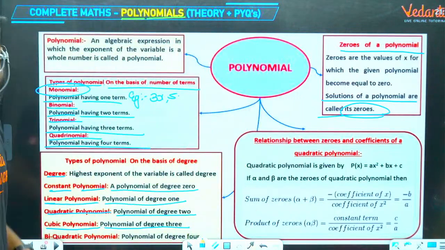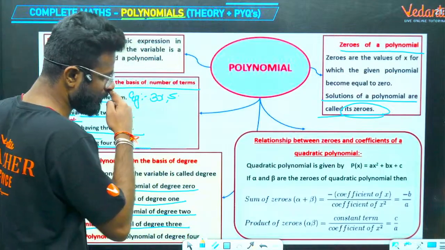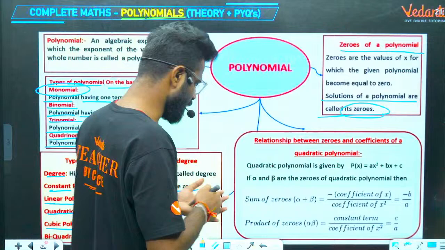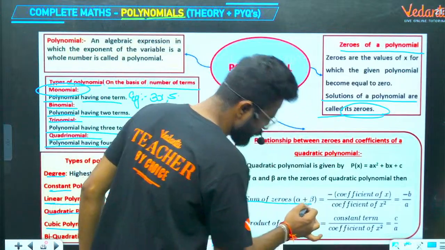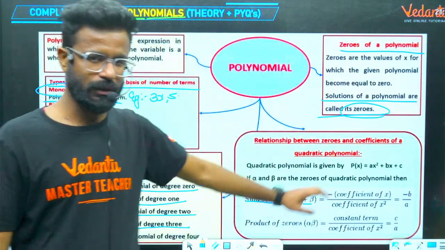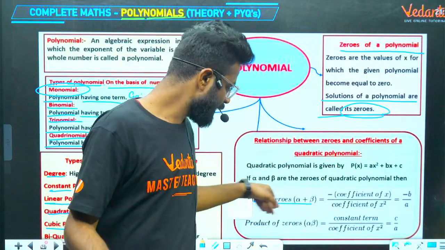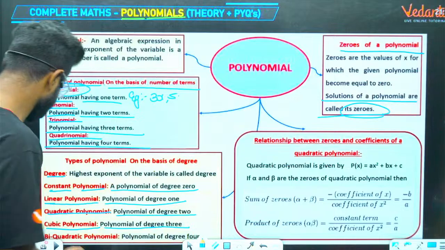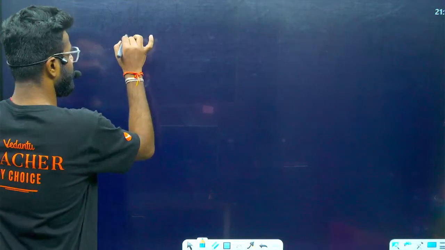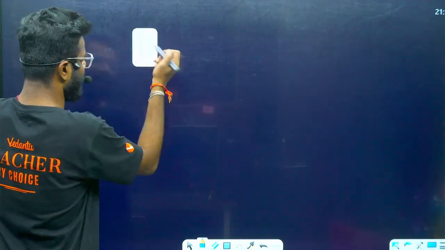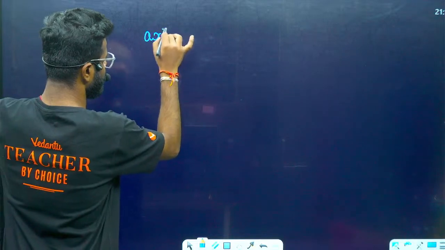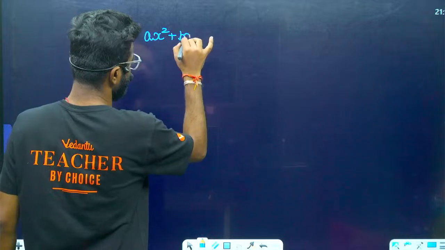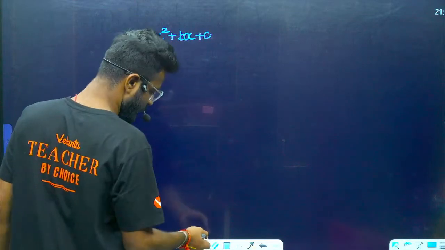Now there is a relationship between the zeros and the coefficients of a polynomial. The relation is sum of zeros, that is alpha plus beta is equal to minus b by a, and the product of zeros, alpha beta, is equal to c by a. If there is a quadratic polynomial, then we know that the general form of quadratic polynomial is ax square plus bx plus c.